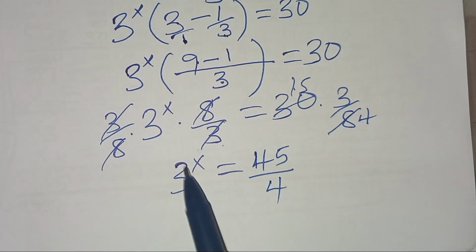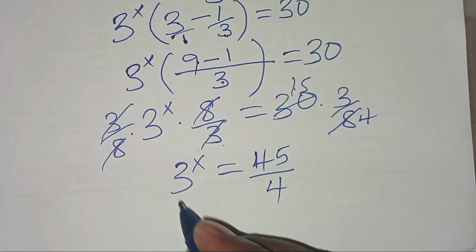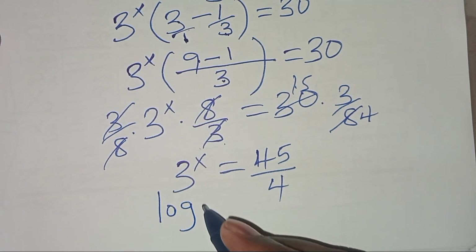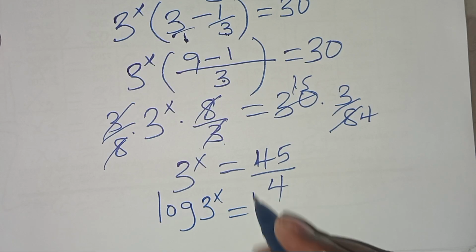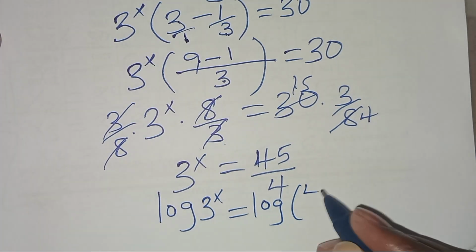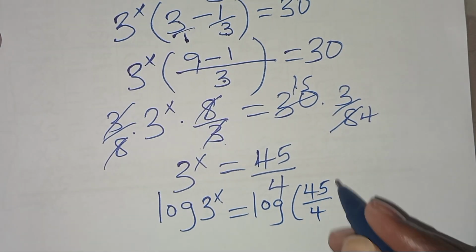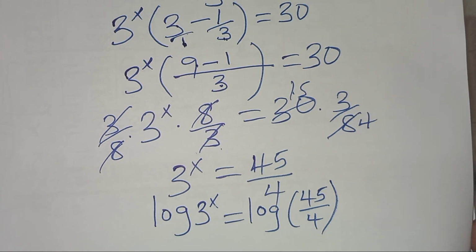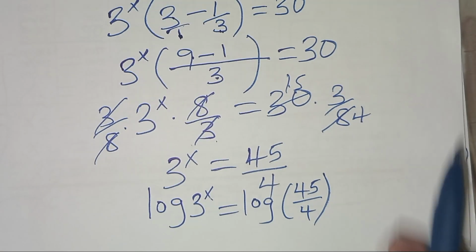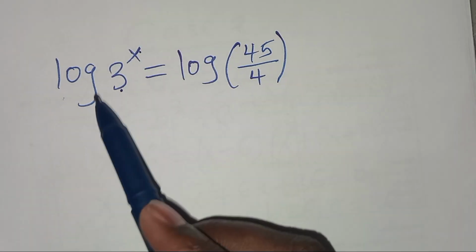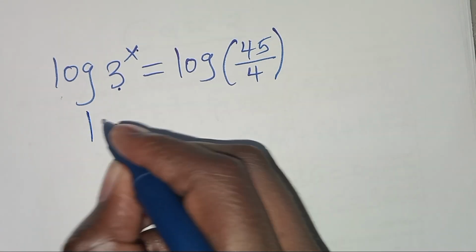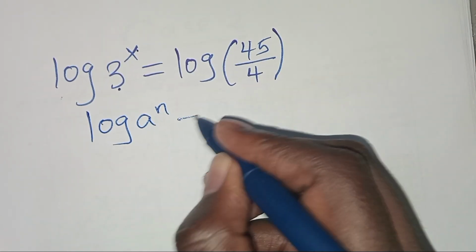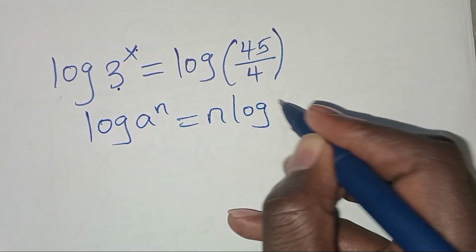Now for the value of x, we introduce the natural logarithm on both sides, so that you'll have log 3 to the power x equal to log 45 divided by 4. So let's proceed from here. We have that log 3 to the power x is in the form of log a to the power n, which you can express as n log a.